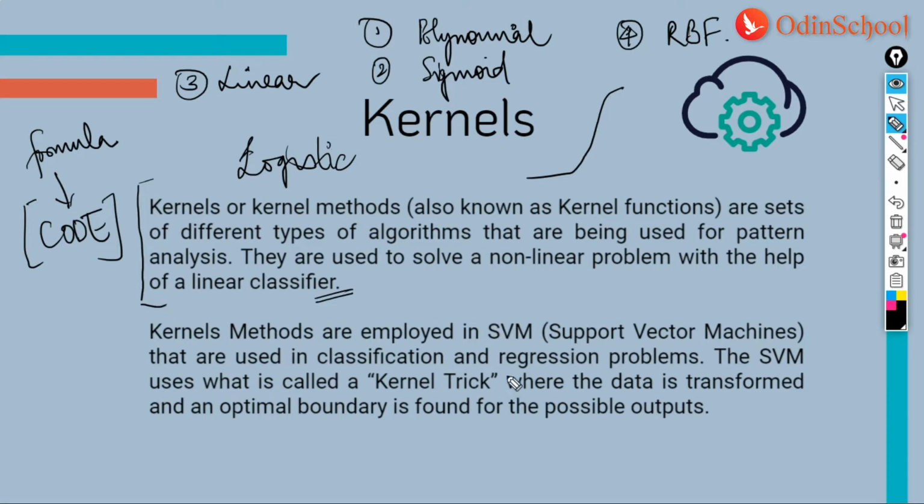But here, the advantage, or how this is one step above, is that here we could solve non-linear problems as well. So with regards to this, we have different types of kernels that come into the picture.